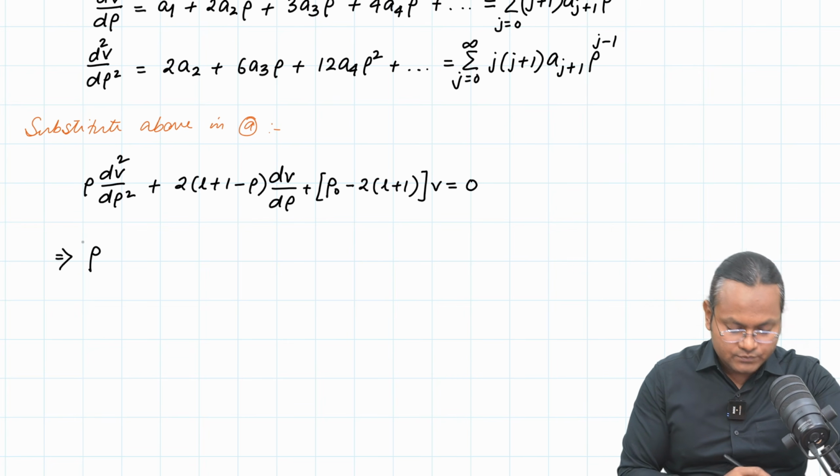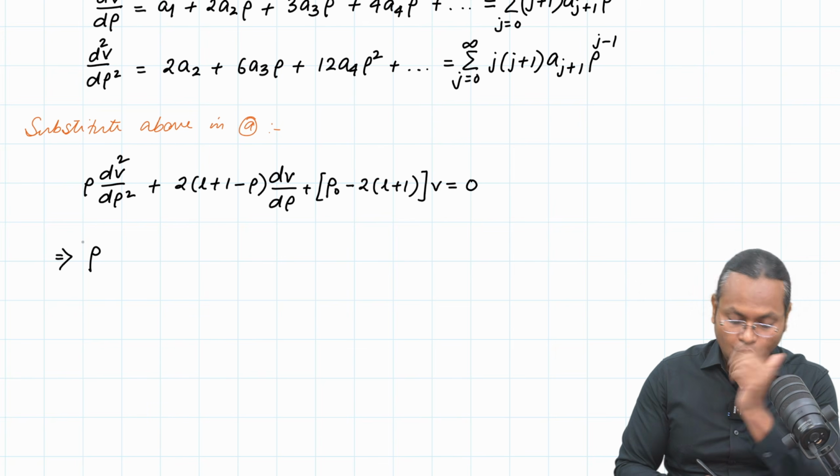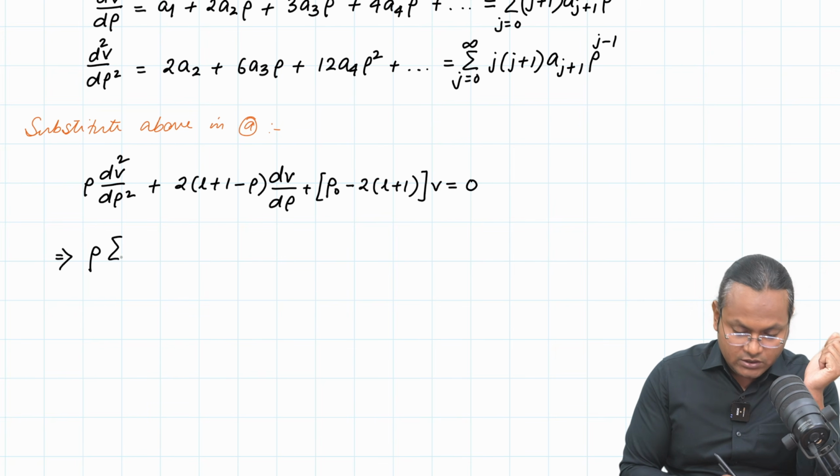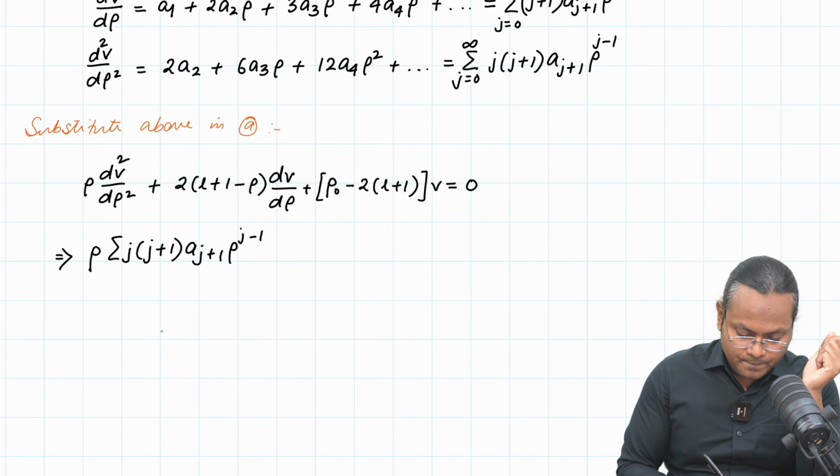This becomes rho d2v upon d rho square is the summation of j into (j plus 1) a_(j plus 1) rho to the power j minus 1. Now here, of course, the rho and the rho to the power j minus 1, we can simplify that as just rho to the power j here.